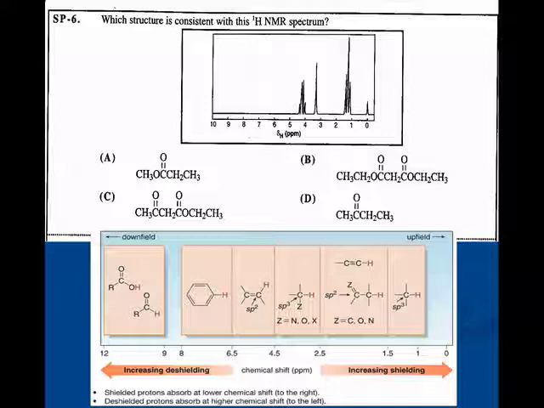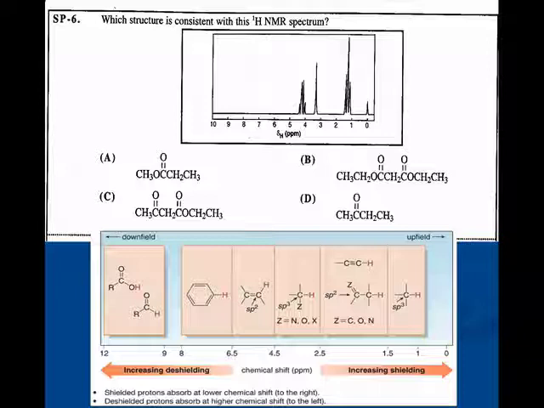Now what do we do? Well, we've counted the number of signals already. What do you mean by counting the number of peaks? The splittings? Yeah. Okay, so we got a singlet, a triplet, and a quartet. That would be a singlet.